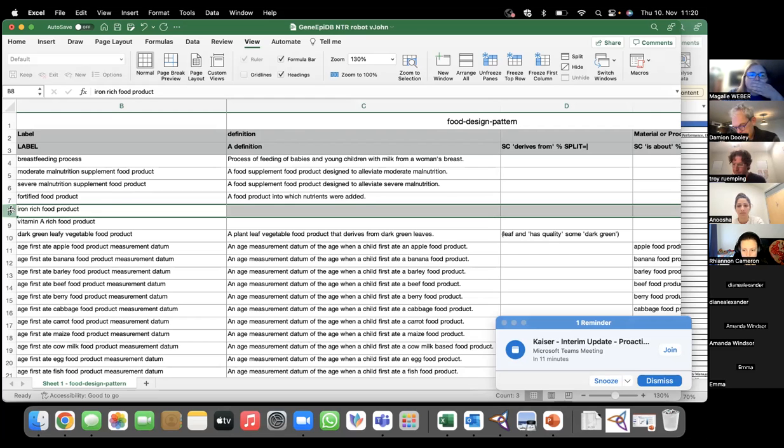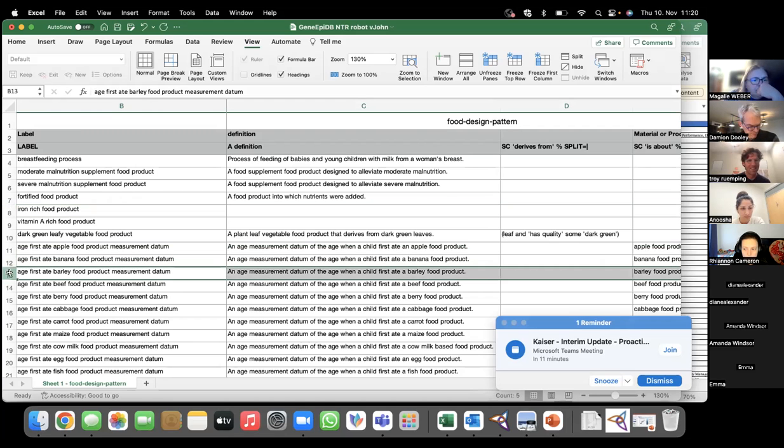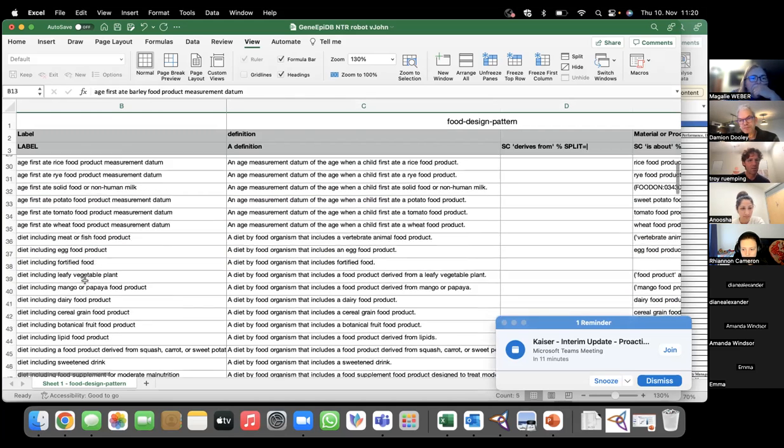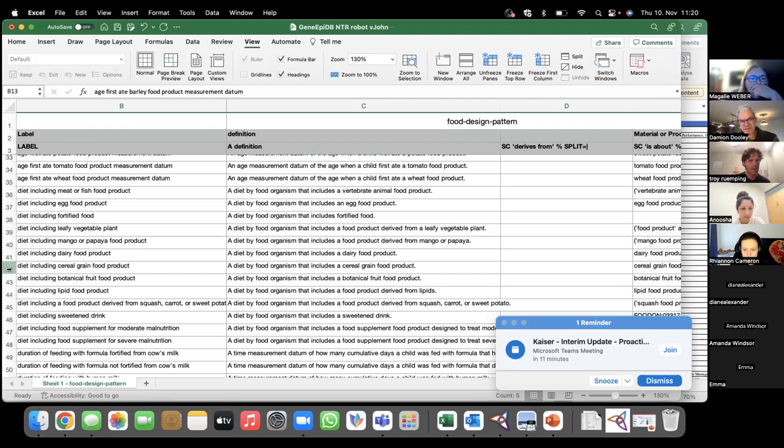Cool. All right. Last one is diet. The age you first ate barley is an example, but so is a diet including cereal grain food product, for example. So in general, what we have with these diet ones are things that describe what and when and how food got eaten. Right?